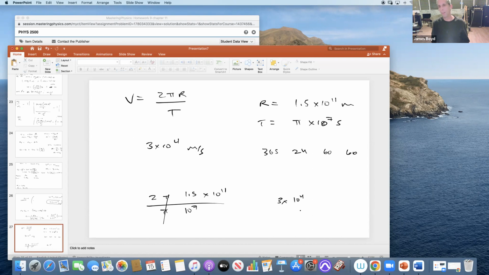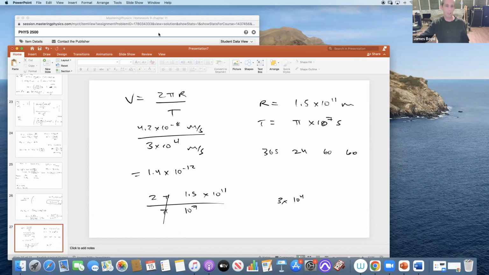The Earth travels about 30,000 meters per second. Now, we got 4.2 times 10 to the minus 8 meters per second. 0.000000042 divided by 30,000 is 1.4 times 10 to the minus 12.